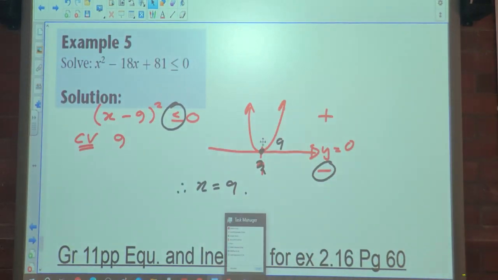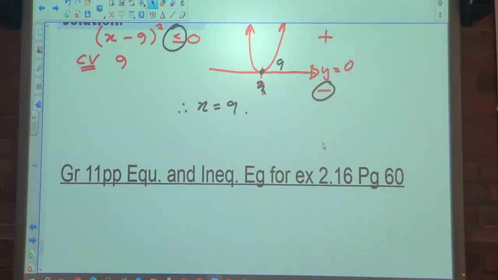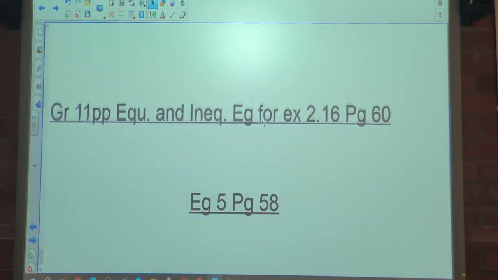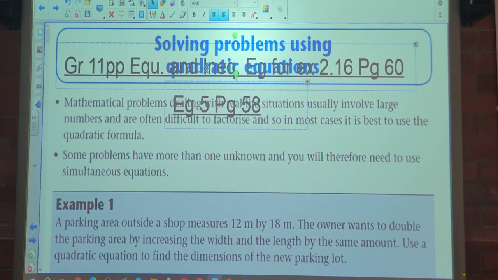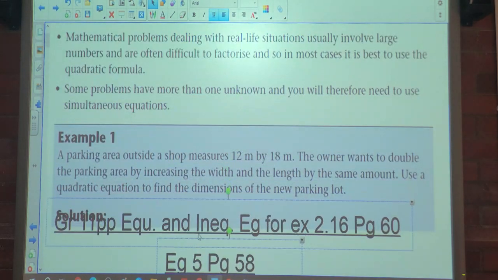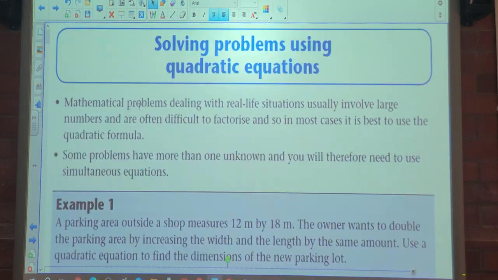You do for me the odd numbers. Okay. And then on Monday we're going to look at some word problems. Okay.